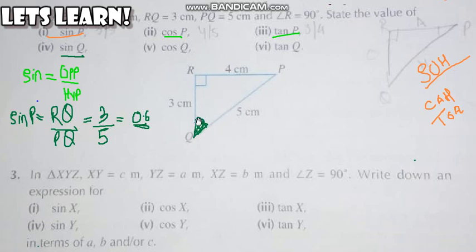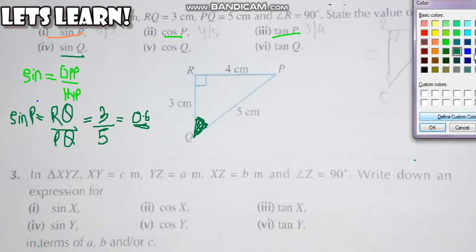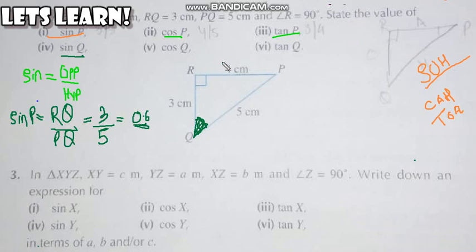So if I consider this angle Q, which will be my opposite, which will be my hypotenuse, which will be my adjacent. So the side opposite to or just in front of the angle Q will be my opposite side.